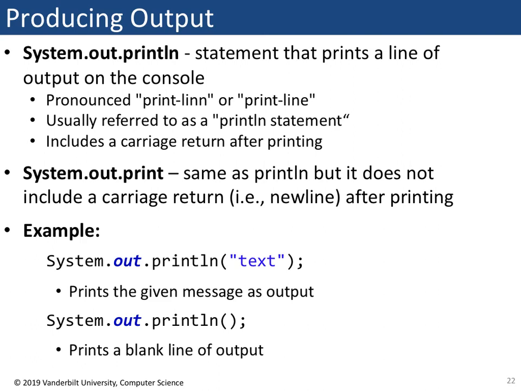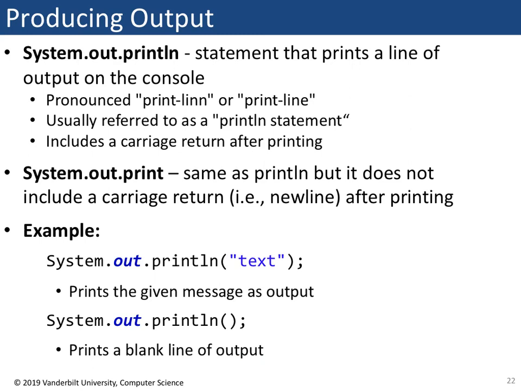There's a similar method called system.out.print. And it's exactly the same as printline. However, it does not issue a new line after printing. So we'll look at what that looks like in another example program. A helpful note about printline: if you leave the parentheses empty, so you don't give any arguments to the printline method, then it will simply print a blank line of output.